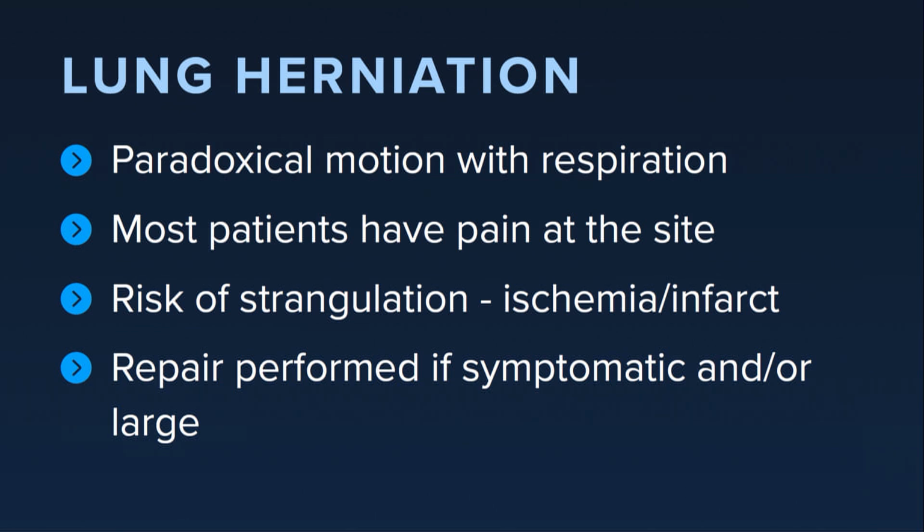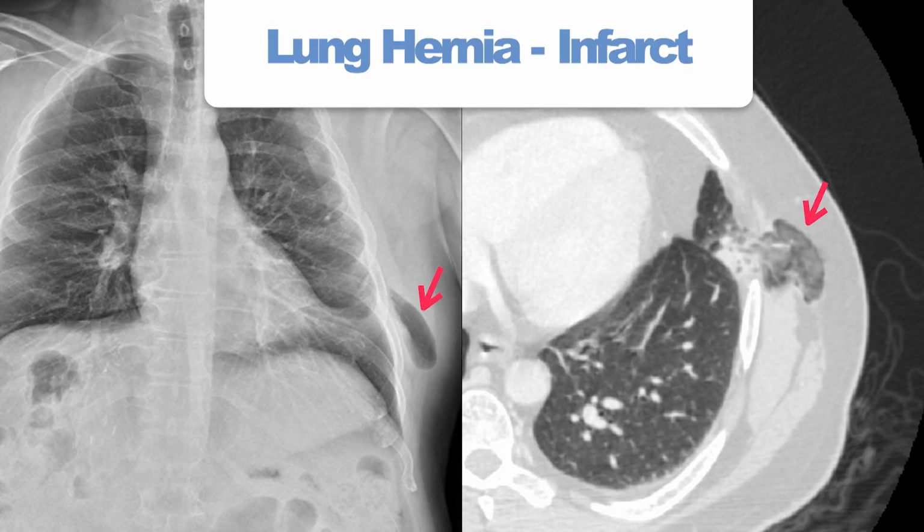Oftentimes, patients will have focal pain at the site. It's usually thought to be more associated with the intercostal defect than the hernia itself, but pain is an indication that you may need to treat. And there's often a risk of strangulation with ischemia or infarct of the lung. And surgery is performed if they're symptomatic or often if they're large.